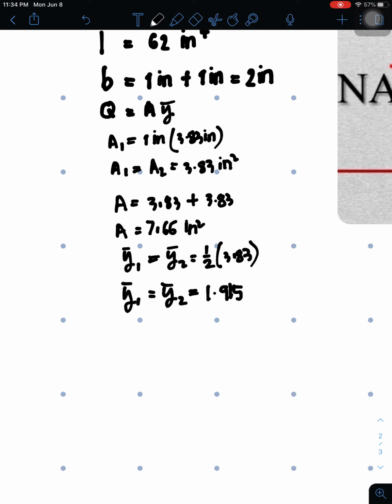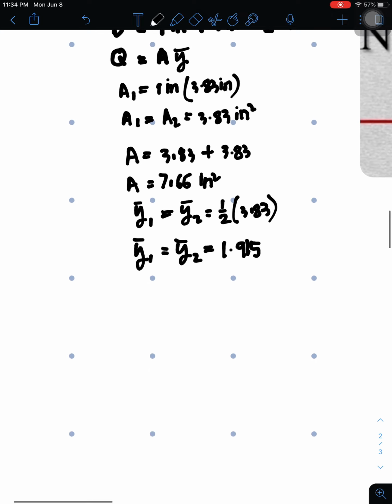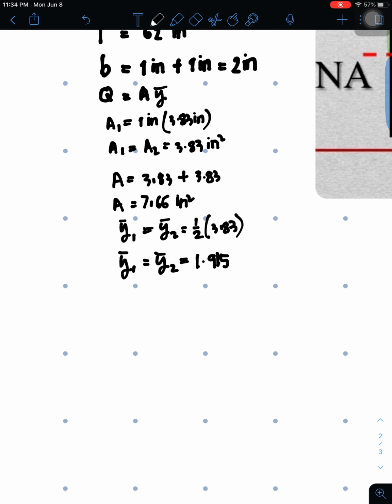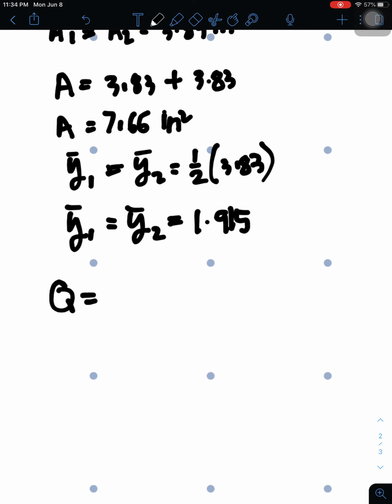1.915. Actually, to get a real understanding, since there are two areas, in getting the Q, it's actually area 1 times barred y1, plus area 2 times barred y2. And since the area of area 1 and area 2 are the same, I can have area times 2, and then barred y as well.